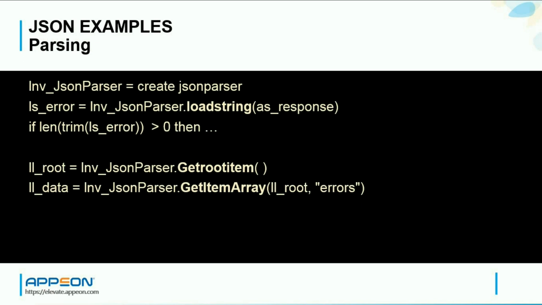If there isn't, then we start with getting the root item. The root item is always item number 1. Every element in the JSON package has a number, and it's just numbered sequentially. So the first thing that we want to do is get the item array called errors from the root.